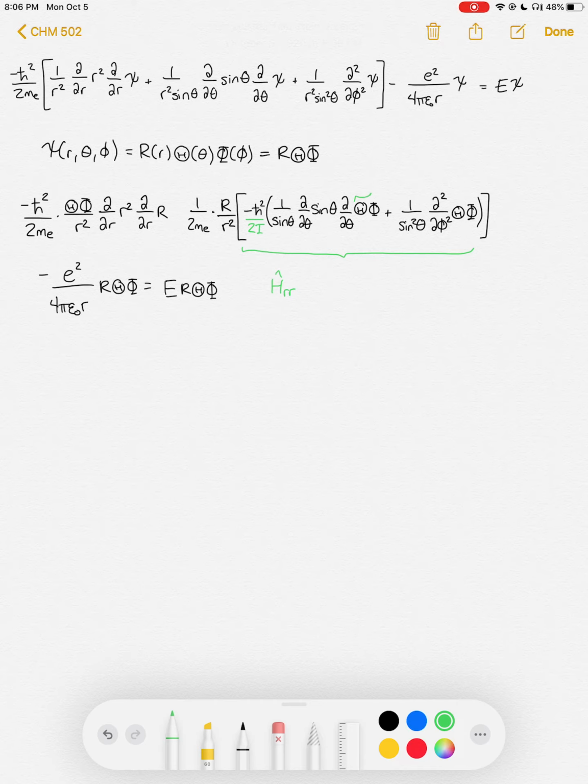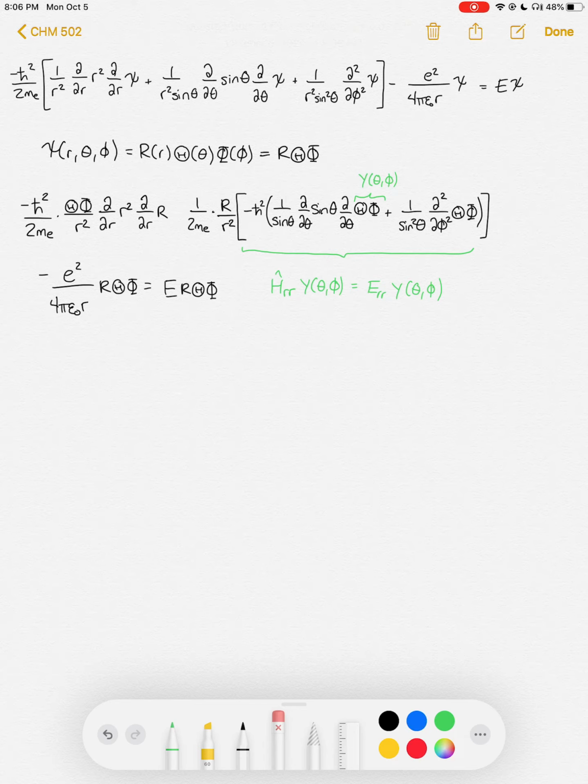Here our functions of theta and phi are our spherical harmonic functions. And when we operated on our spherical harmonic functions with this operator in the brackets, we ended up getting the energy values for the rigid rotor multiplied by our spherical harmonic function. But we don't have this 2I here, so I put that back in.